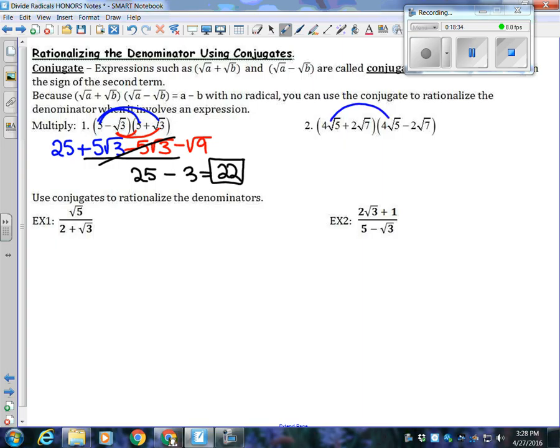So we're going to do this one. 16, 5 and 5 on the inside give me 25. 4 radical 5 and negative 2 radical 7 is negative 8 square root of 35. All right. Now I'm going to do positive 2 square root of 7. So it's going to be plus 8 square root of 35. And then 2 times negative 2 is negative 4 on the outside, square root of 49 on the inside.